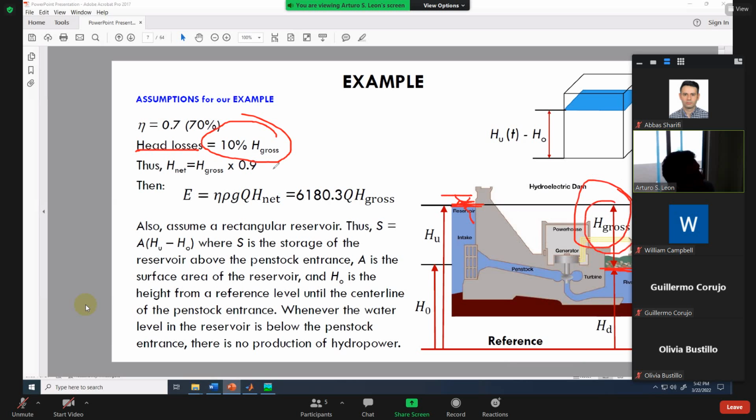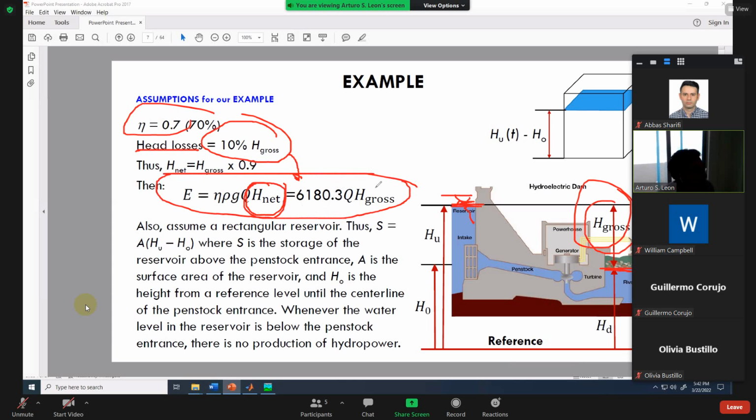Therefore, here in this problem, my net head is going to be 90%. Why? Because 10% I am losing due to friction and local losses. So if I replace those values of efficiency and losses, then my energy becomes this equation: energy is efficiency, density, gravity, flow, and net head.